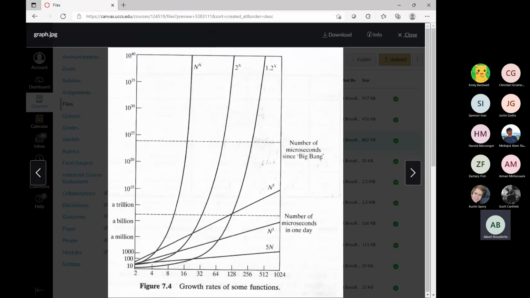So what do we look at? The 5n: there's a nice, very flat kind of line coming across here. The n cubed looks really tame, right? This kind of gives the perspective to what intractable really means and what it looks like. N to the fifth has a little more slope to it on the log scale, but relative to these, this is 1.2 to the n.